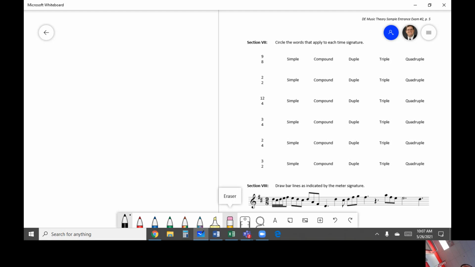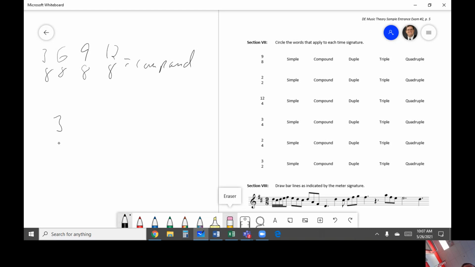All right. Anything with an 8 on the bottom, 6-8, 9-8, 12-8 is going to be compound. I guess it could be 3-8 as well.